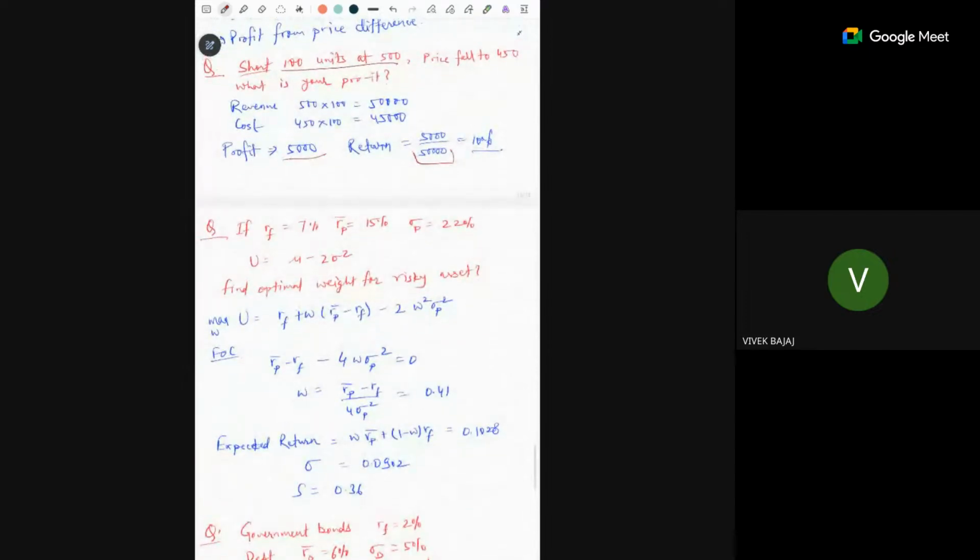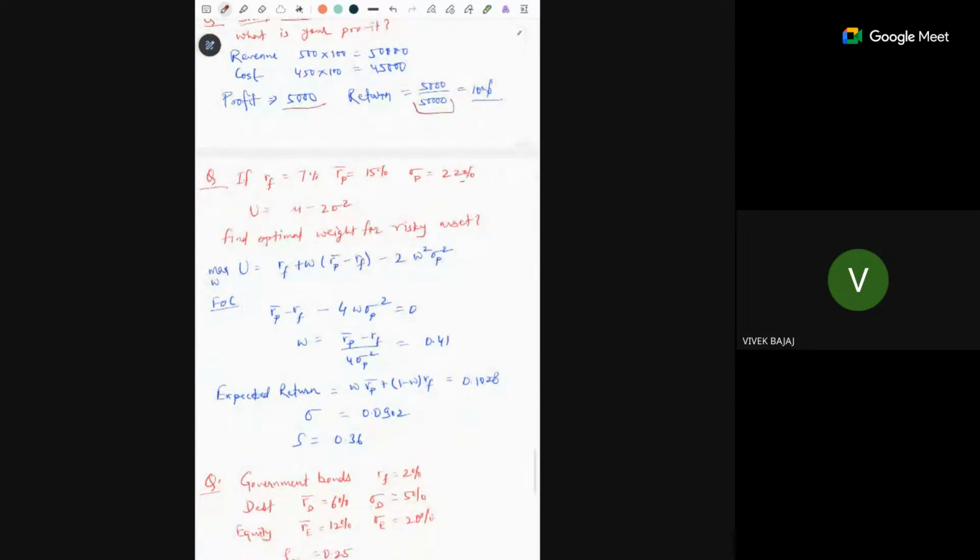For example, the risk-free return is 7%, and this optimal risky portfolio has a return of 15% and standard deviation of 22%, and utility is given by mean-variance preferences in the form of mu minus 2 sigma square. Then find the optimal weight for the risky asset.